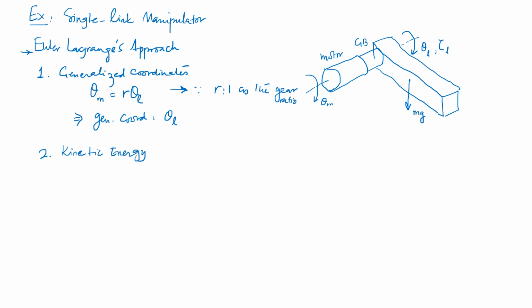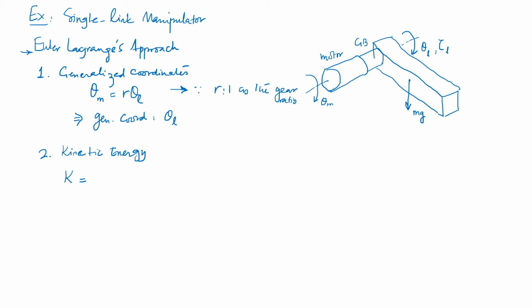The kinetic energy expression is K, which is going to be equal to, in this particular case, a sum on the basis of the moving bodies in the system. Since the motor is going to have a rotation, there is going to be a moment of inertia associated with that, as well as the link is moving, so that is going to have its component as well.